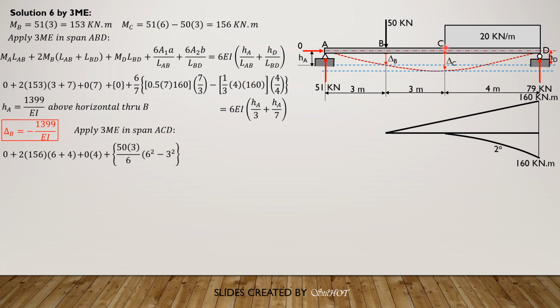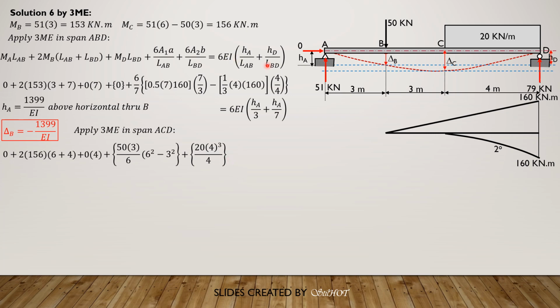Then for portion CD, the value of 6A2B over LCD is equal to, there's a formula for this, WL cube over 4. So 20 times 4 cube over 4. So that's the value from the three-moment equation. Then equals 6EI.